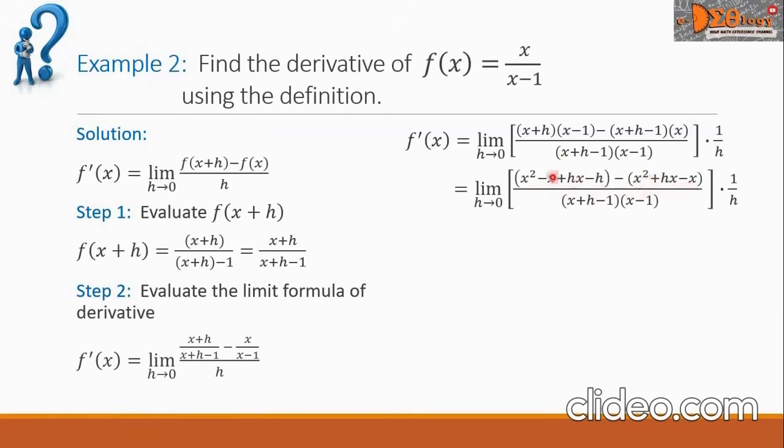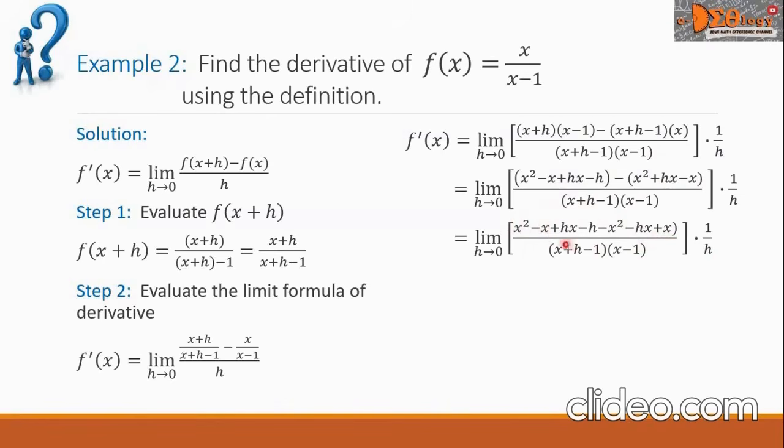Now let us remove the grouping symbol and let us see if we can combine some terms. So it will be like this now. Please observe that this x squared has a counterpart of negative x squared here. It becomes 0. We have negative x and positive x. It will be 0 also.